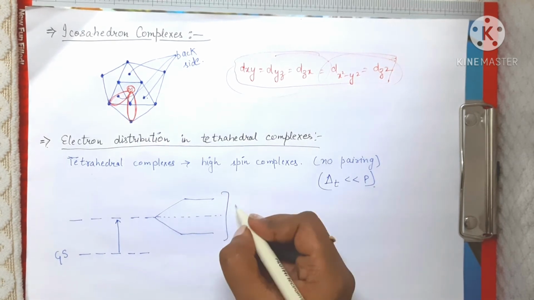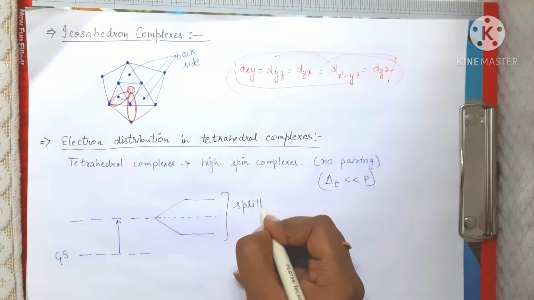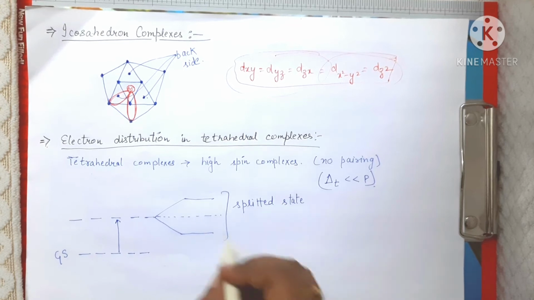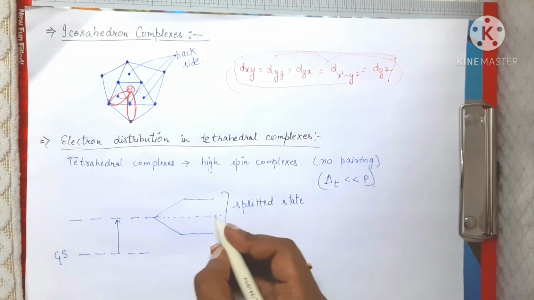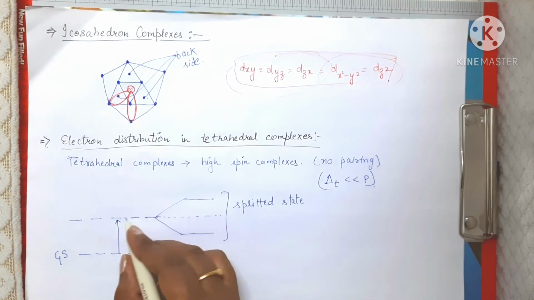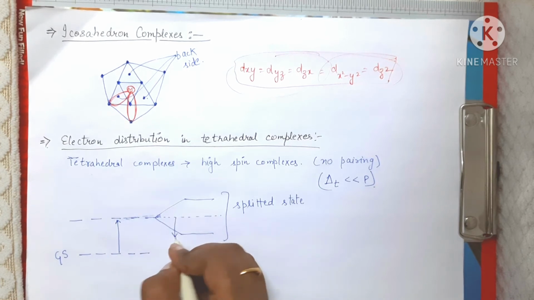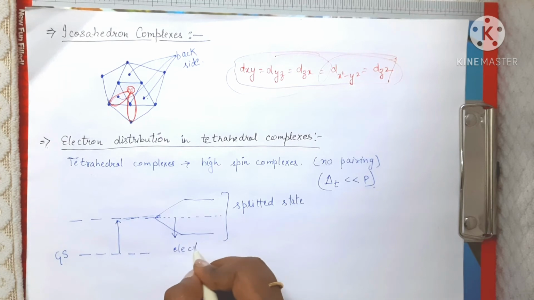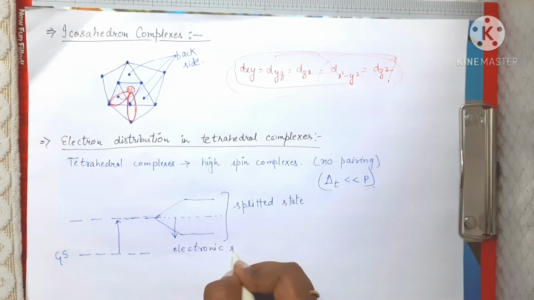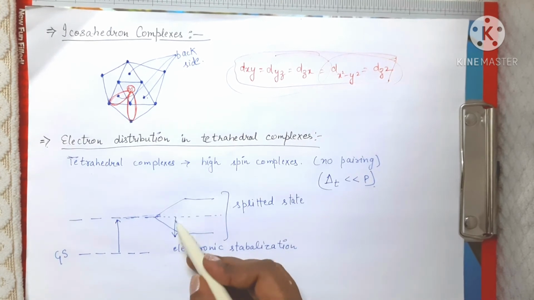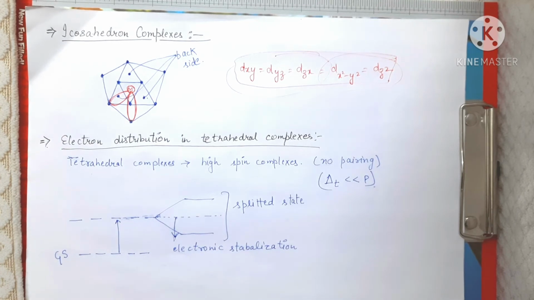This whole thing is called the split state, and from this energy level some of the orbitals go to this energy level. Here electronic stabilization takes place, because energy is released here.